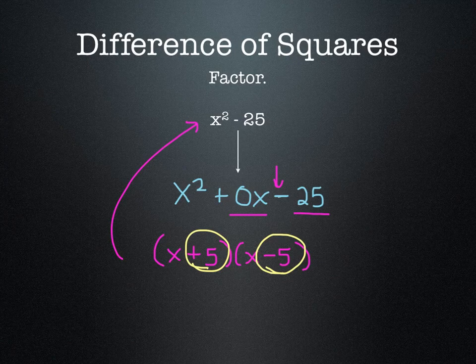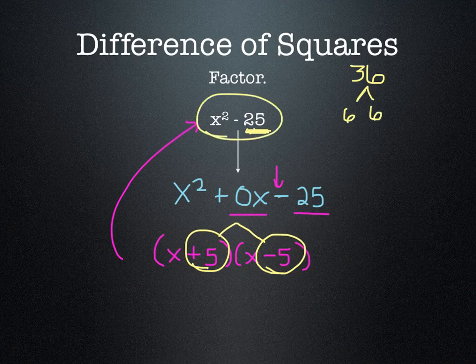So if these 2 numbers have to be the same, think about what kinds of numbers this is allowed to be. This number has to be a number that could be factored into 2 of the exact same numbers. For example, 36 could be factored into 6 and 6. So this would work if this number were a 36.